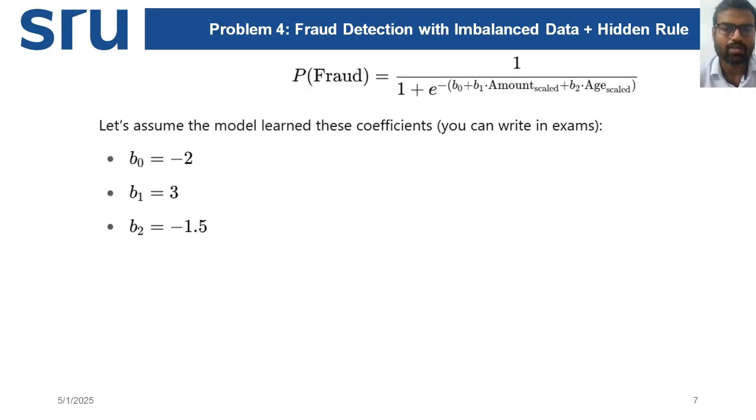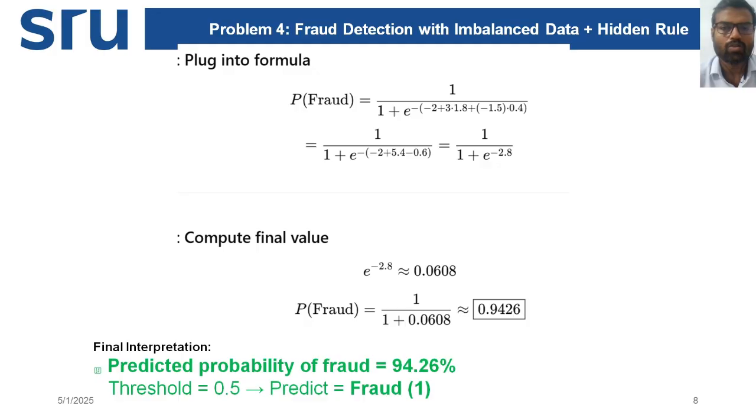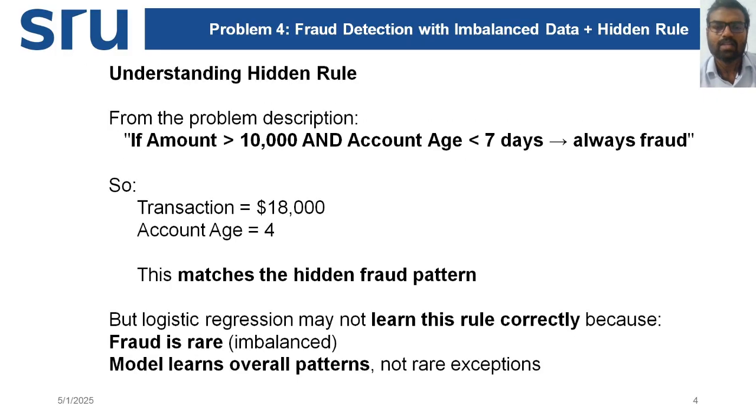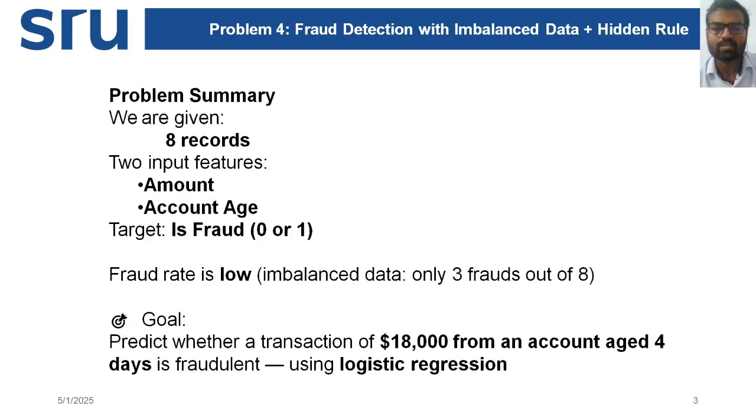So we just substitute the coefficients and we get nearly 94.26 percent. Whenever you get more than 50%, the prediction is true, in that case it is fraud. This way we understand what the problem is asking.